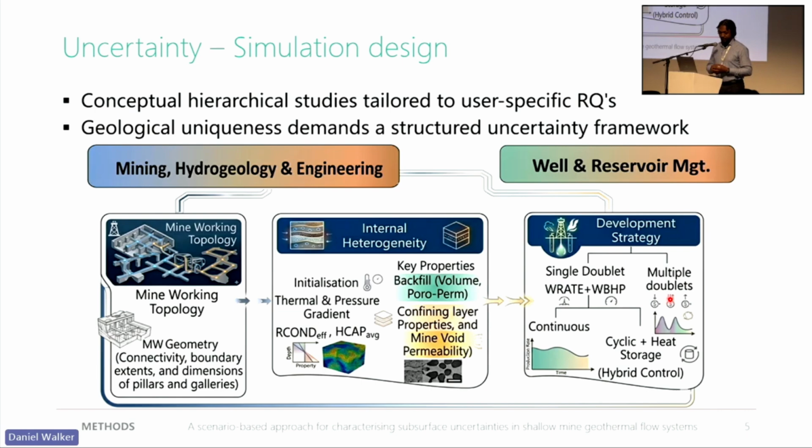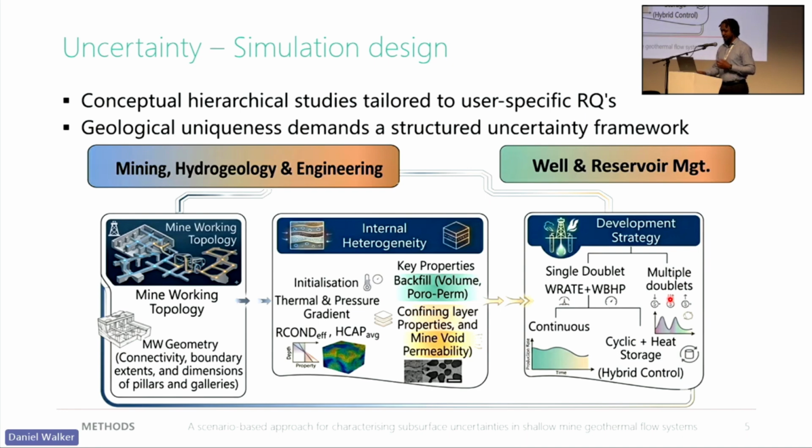And as a modeler, some of the things that come to mind is, how am I able to discretize the mine workings, the geometries of the pillars, the galleries in one grid cell, the complexity, the connectivity, because I don't want to lose some of the information in that mine. So how am I able to discretize it in space and in time? In time will be much more relevant when you're looking at cyclic loading, because you don't want to miss certain things.